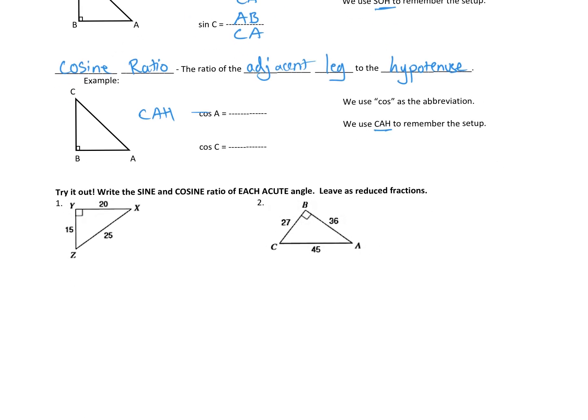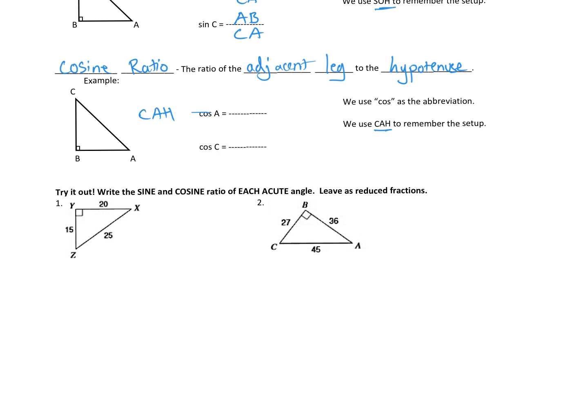So the entire thing to remember is SOHCAHTOA. Sine is opposite over hypotenuse, cosine is adjacent over hypotenuse, and tangent is opposite over adjacent. SOHCAHTOA.